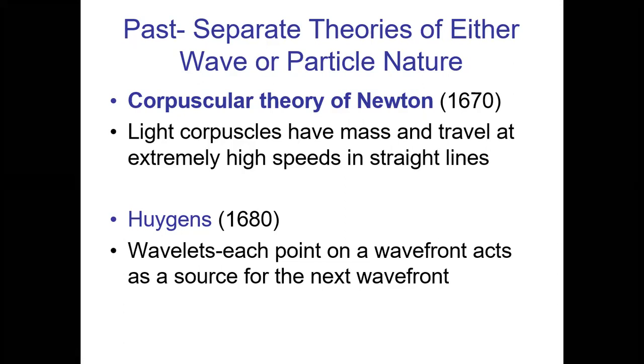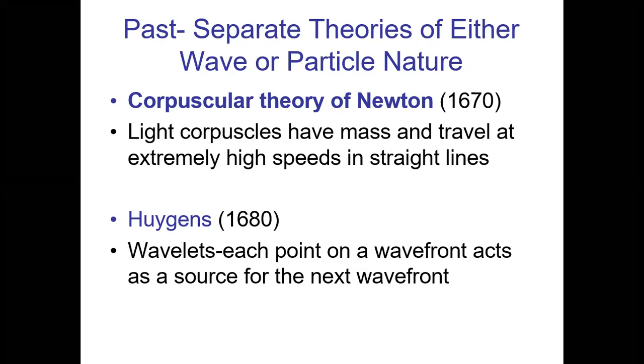However, later on, Huygens came up with another theory known as the wave theory in 1680, Huygens wave theory. According to Huygens, light travels in the form of waves.